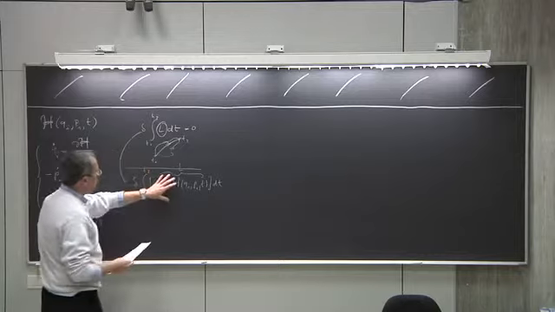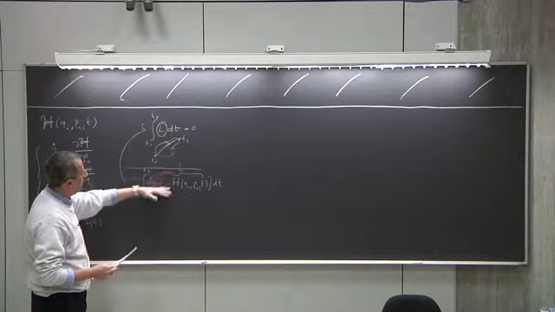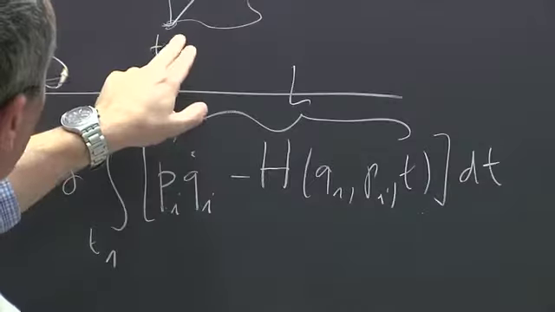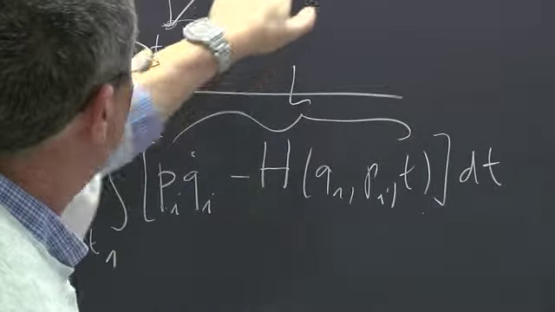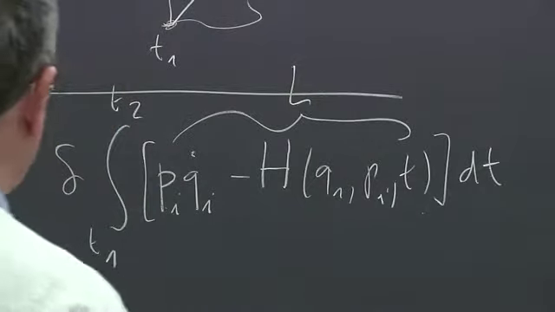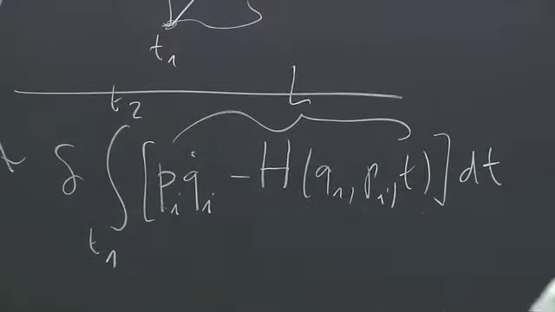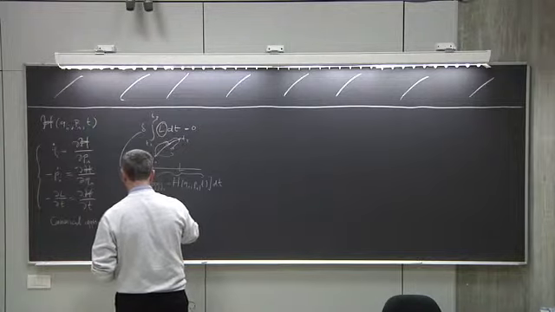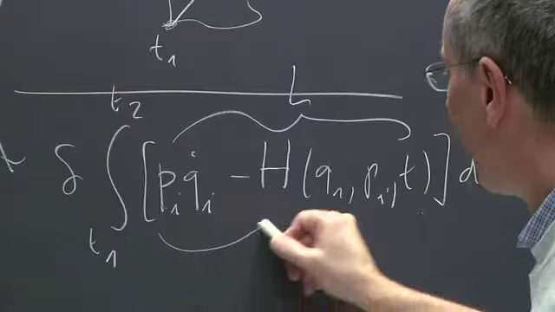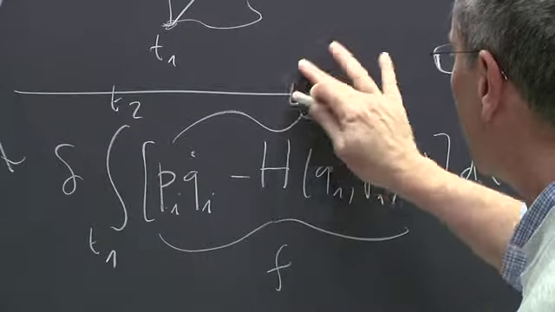And I do my variation along all possible paths with the constraint that I keep the two end points, T1 and T2, fixed. If I do that, you understand that you get the same. So, this is the Lagrangian. Let me call this quantity F now.